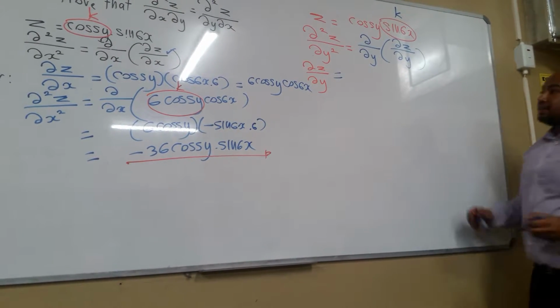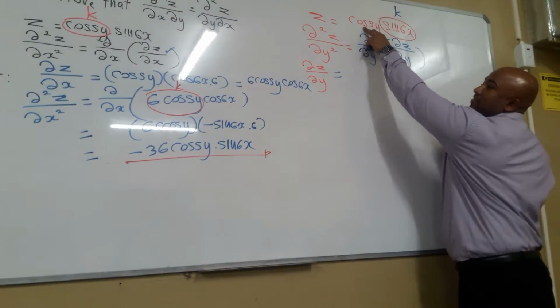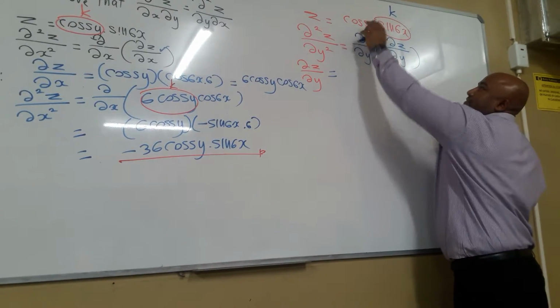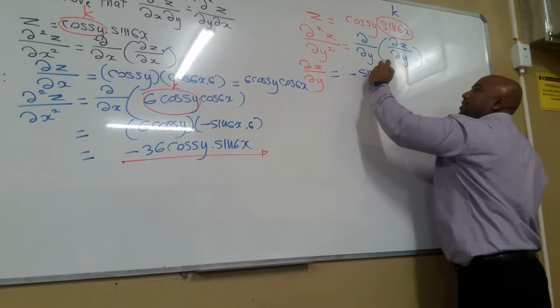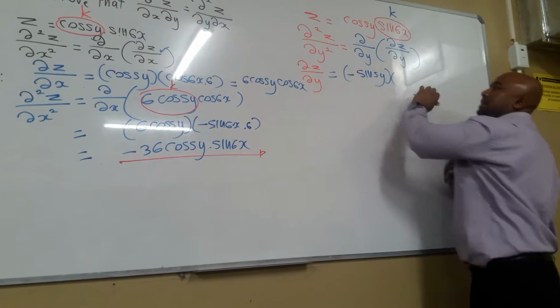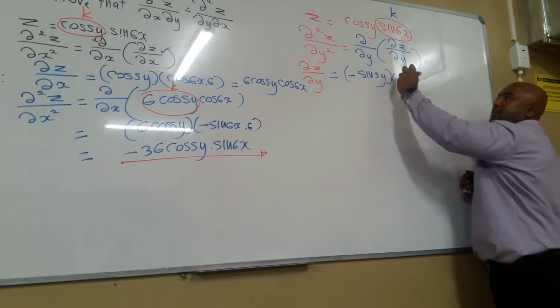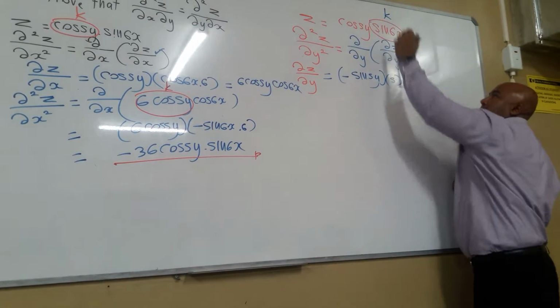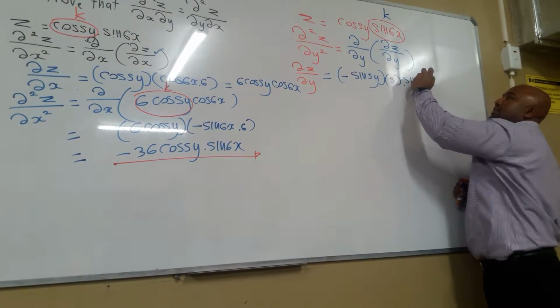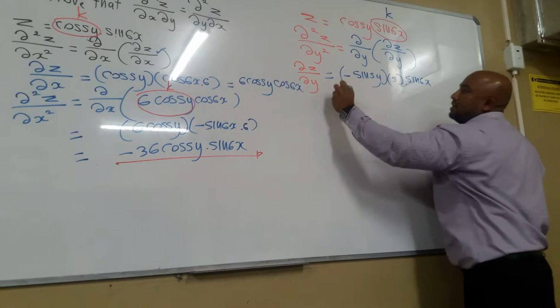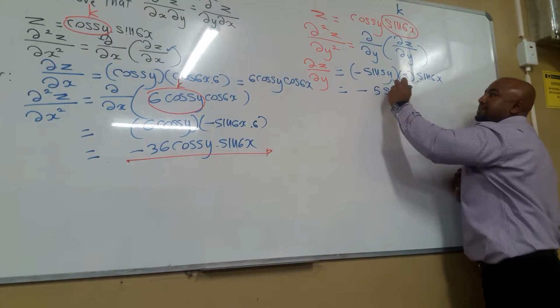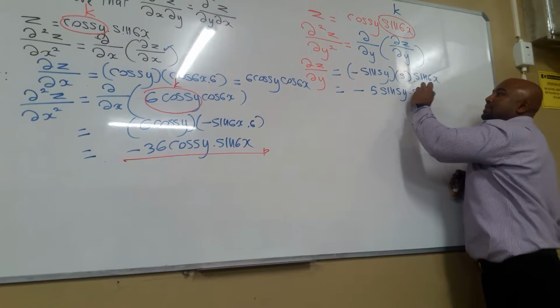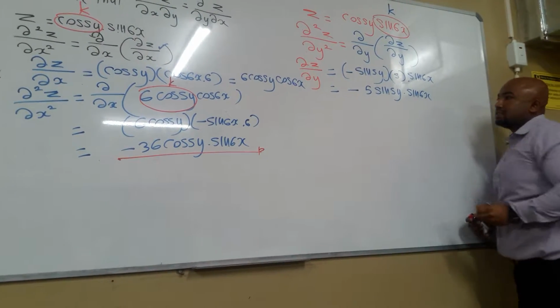The derivative of cos of 5y will be minus sine of 5y times the derivative of 5y, which is 5, multiplied by k, your constant, which is sine 6x. Let's simplify this. This will be minus 5 sine of 5y times sine of 6x.